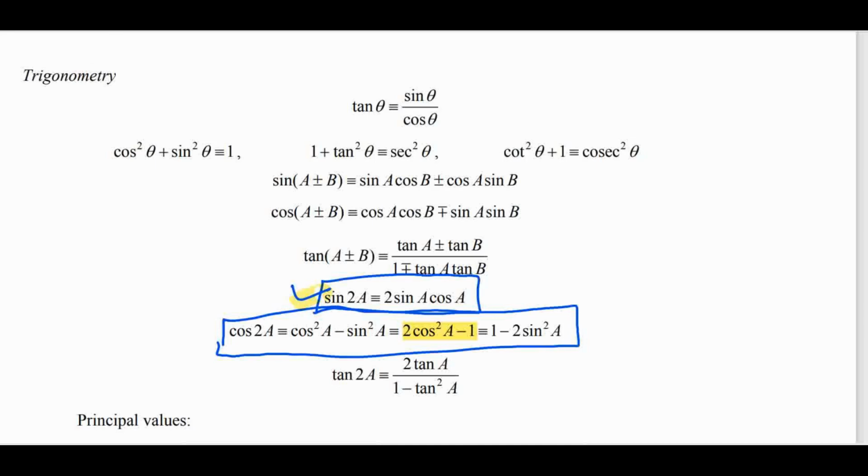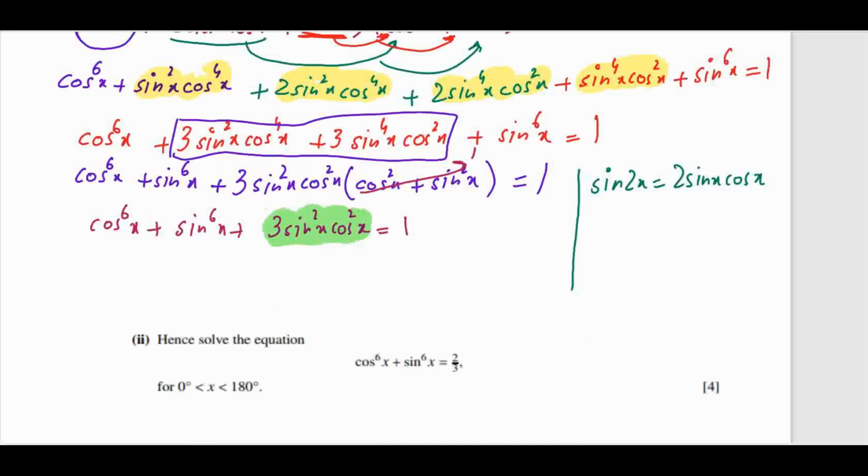Now if we take square on both sides, let me mention it over here so that you students should not get confused, this will become sine square of 2x is equal to 4 sine square of x cos square of x.